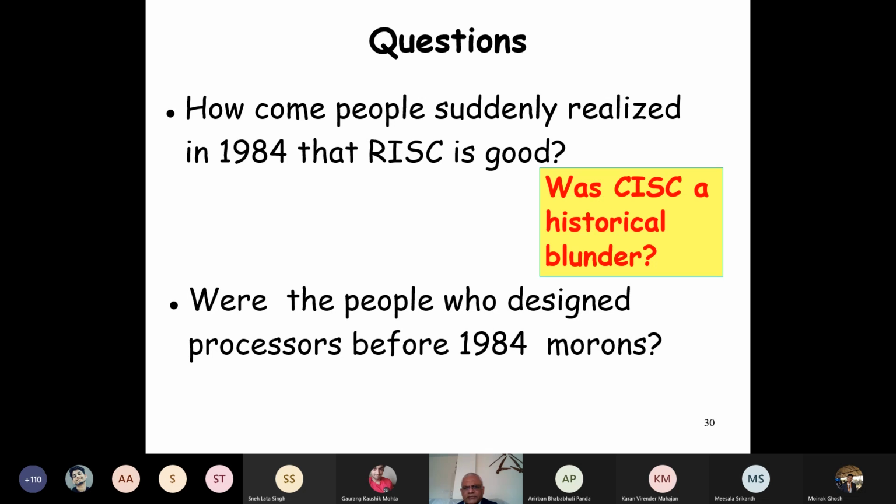Better do it in hardware. You just have one instruction per sort. Why write the program for sort? Why write the program for search? Because they will take a lot of code, and that will take memory space, and memory space is very limited, so better do it in hardware. So that was one of the reasons.